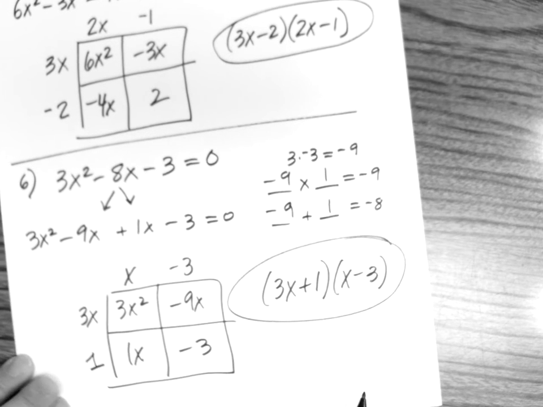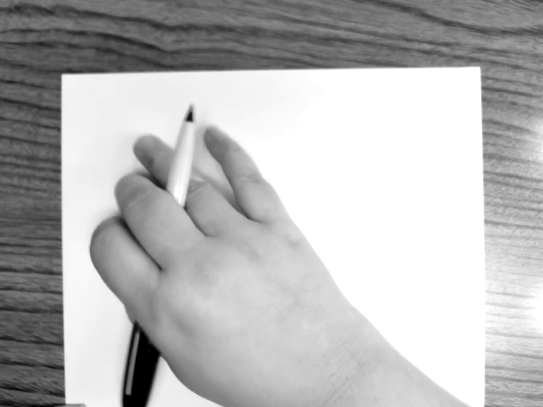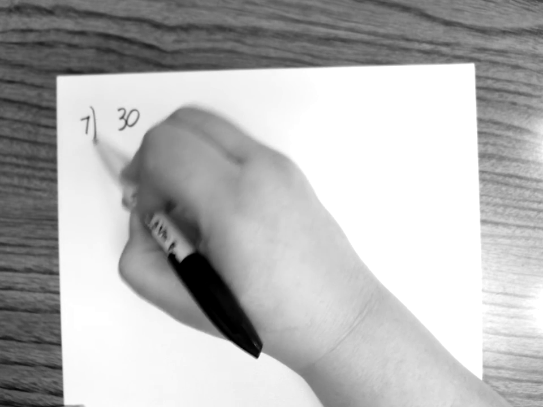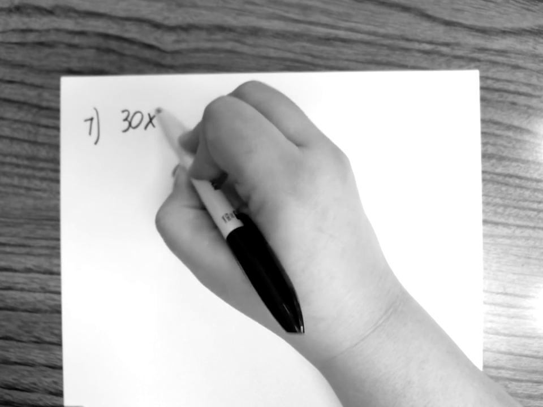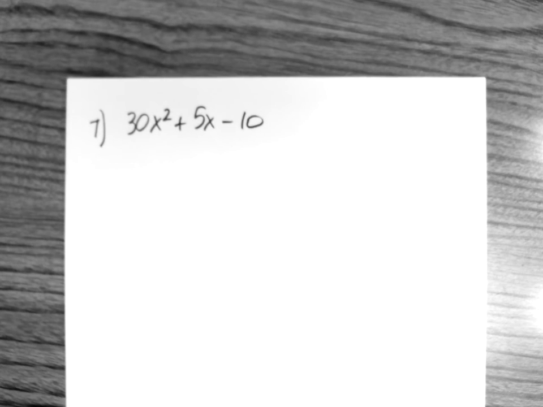Alright, so I said there was going to be a little twist. Here's your little twist. How about this? This is 7, I think. Okay.